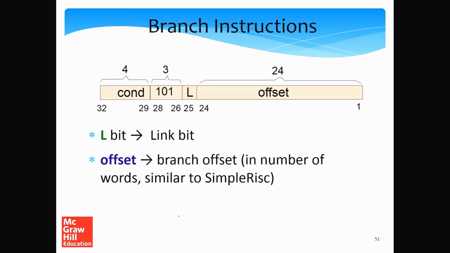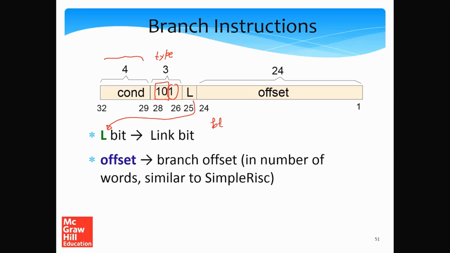Lastly, let's take a look at branch instructions. In the case of branch instructions, we have exactly the same generic format. We have the 4-bit condition, and the type of the instruction is 1, 0. There is a further 1 bit for the subtype, which for at least most of the common instructions is 1. Subsequently, we have the L bit or the link bit. With the link bit, recall the BL instruction.